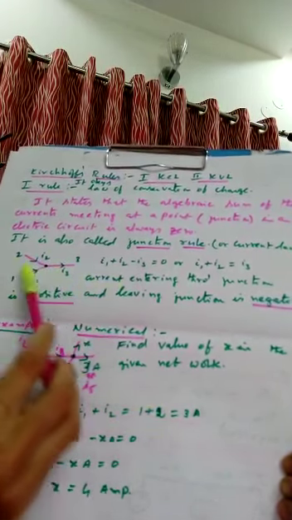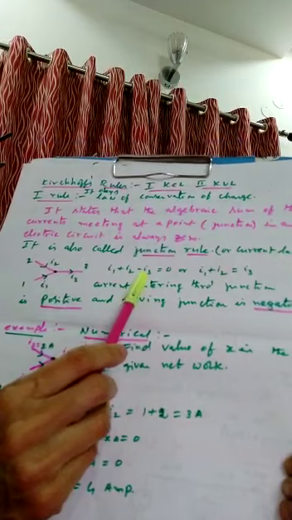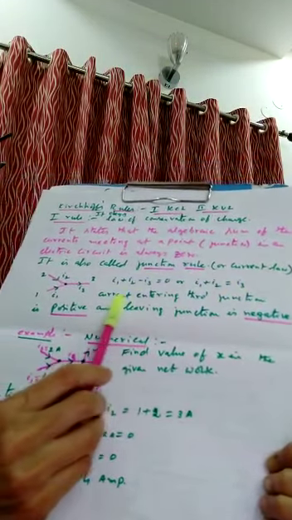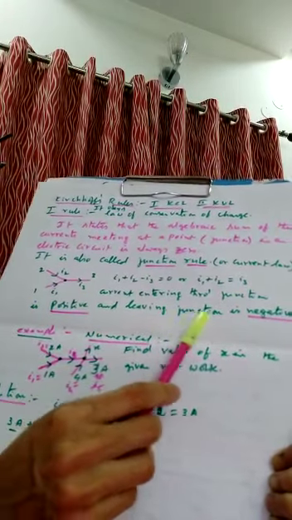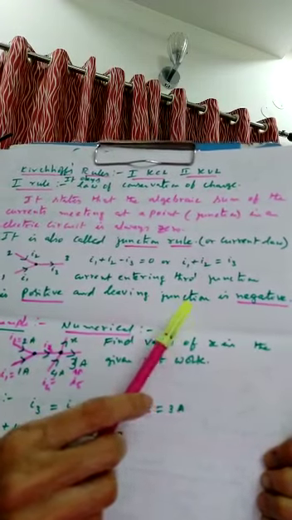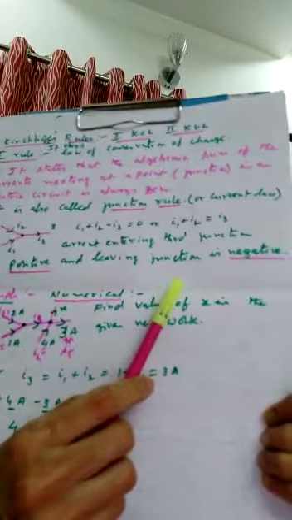We cannot write that I3 is towards the junction. Practically it never happens. So here I1 plus I2 minus I3 is equal to 0, or I1 plus I2 is equal to I3. The current entering the junction is positive and the current leaving the junction is negative, which obeys the law of conservation of charge. This is Kirchhoff's current law, the first rule.